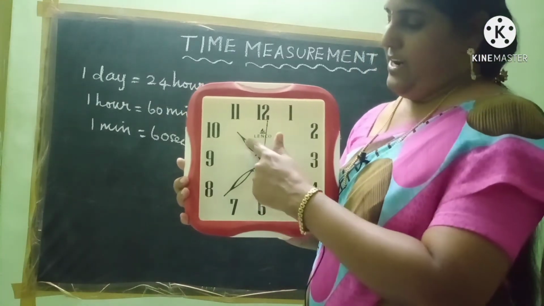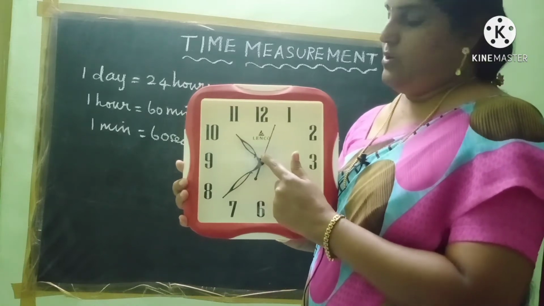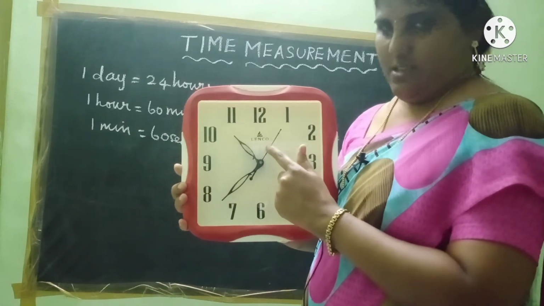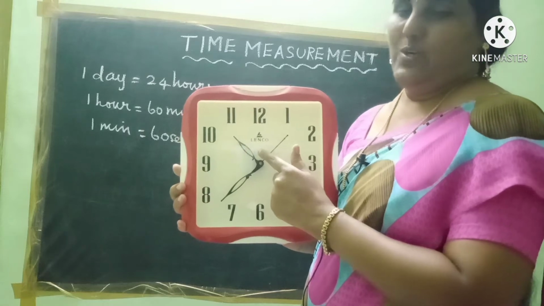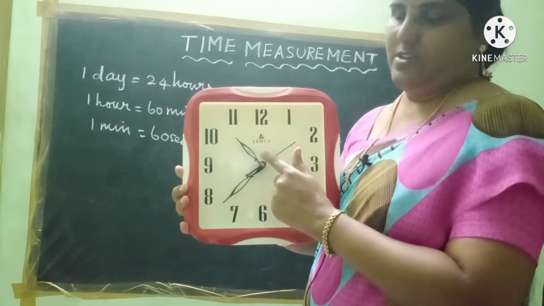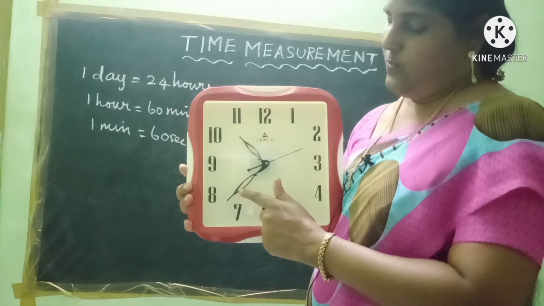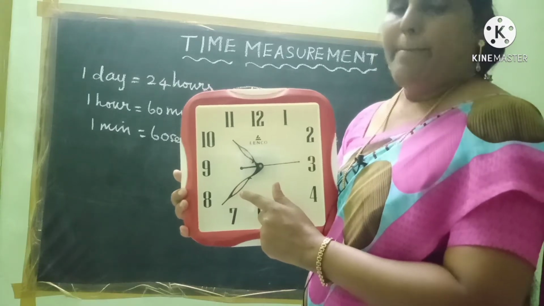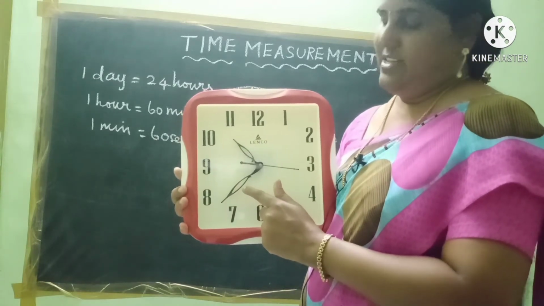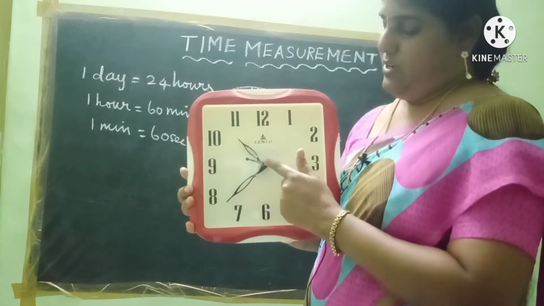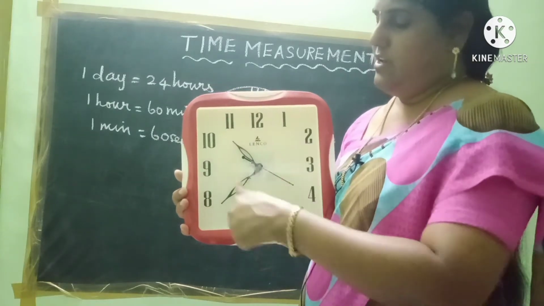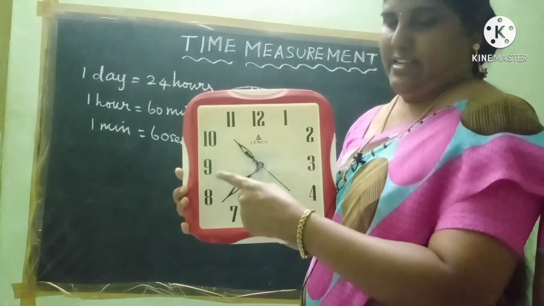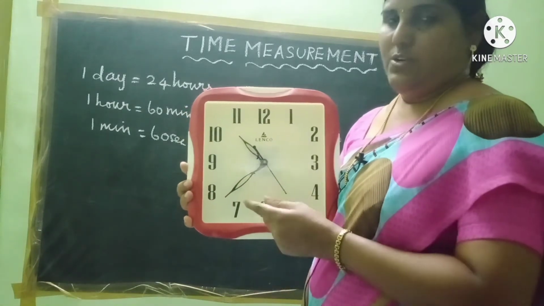One hand is very short. That hand is called the hour hand, because it always shows the hour. The second one is long, and it shows the minutes, so it is called the minute hand. And one more hand always goes around the clock. It shows the seconds.